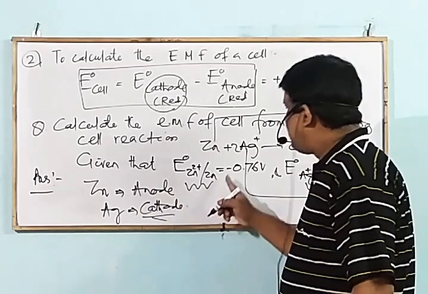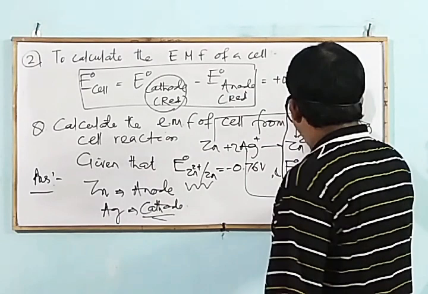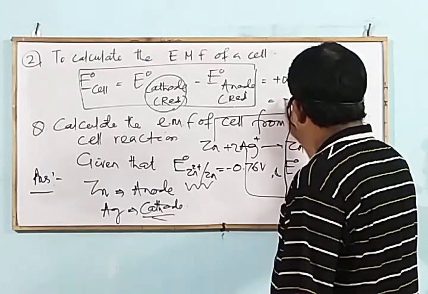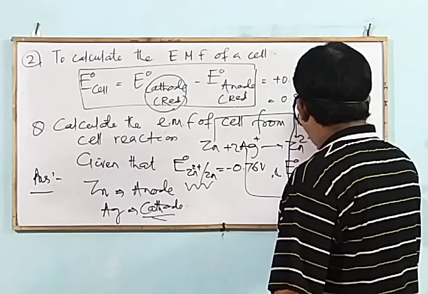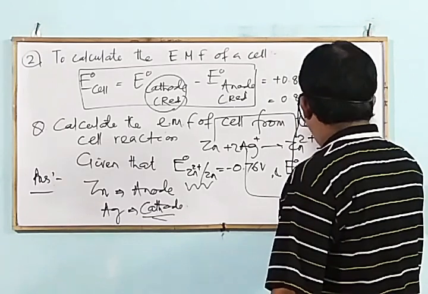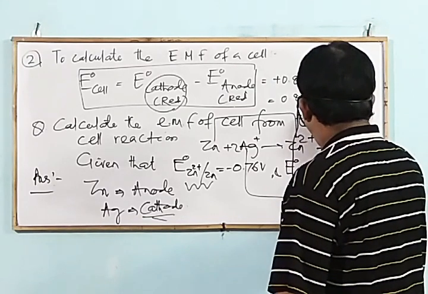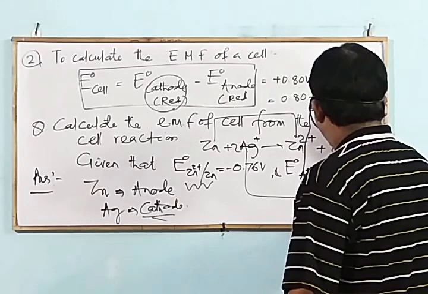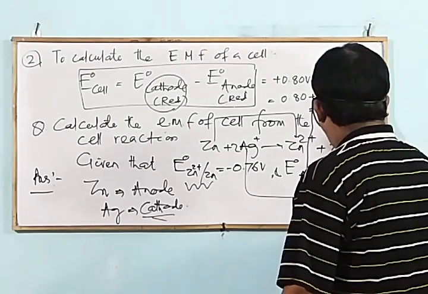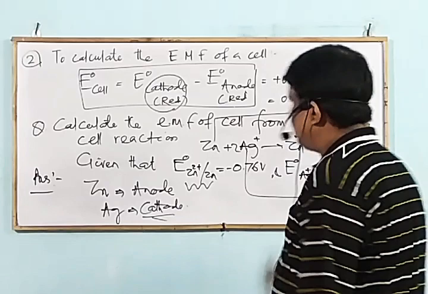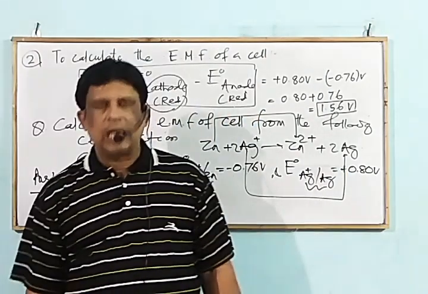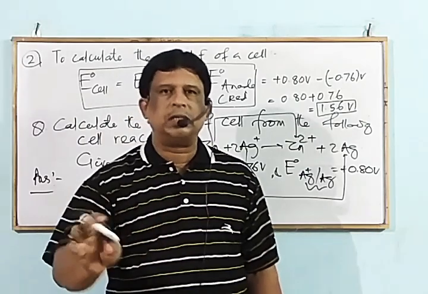Zinc is anode. What is its reduction potential? Minus 0.76 volt. So minus of minus 0.76 volt, that is 0.80 plus 0.76, equivalent to 1.56 volt. This is the value of cell potential or EMF of the cell.